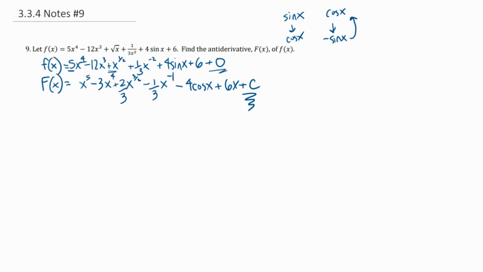Okay? So this is my antiderivative. You don't have to do anything else fancy with it. I'm going to go ahead and just leave it. I just kind of ran through half the answers. Hold on. x to the 5th minus 3x to the 4th plus 2/3 x to the 3/2 minus 1/3 x to the -1 minus 4 cosine x plus 6x plus c.